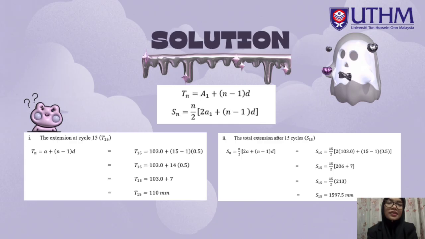So, the analysis begins with the arithmetic sequence model, in which the piston rod is assumed to expand a constant amount during each operating cycle.